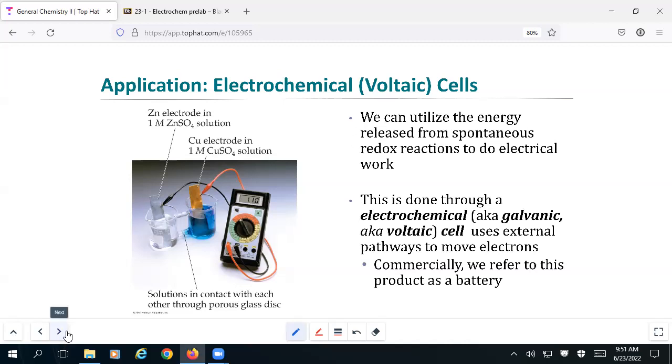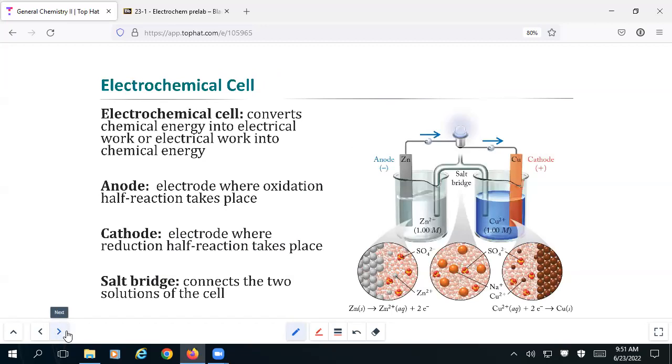Now, when it comes to these electrochemical cells, what we're talking about is the conversion of chemical energy, the process involved in this redox reaction, into actually doing electrical work and being able to move a current over a space.